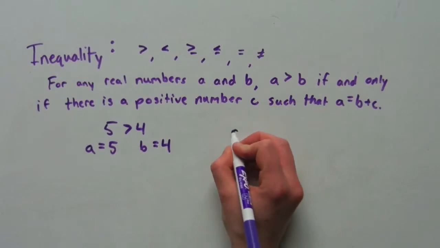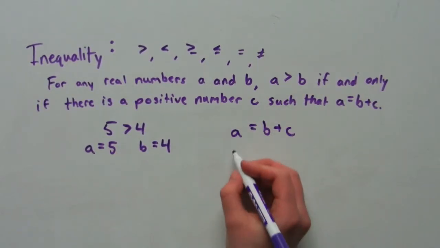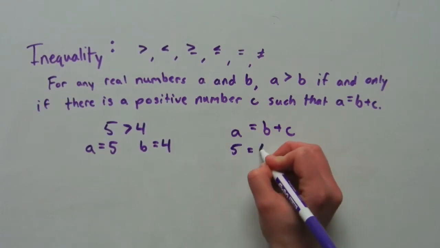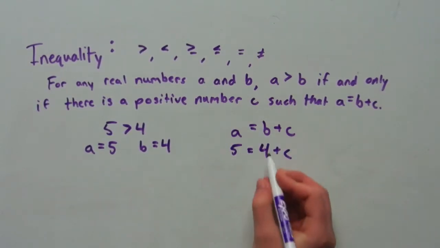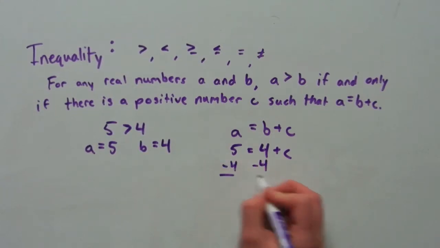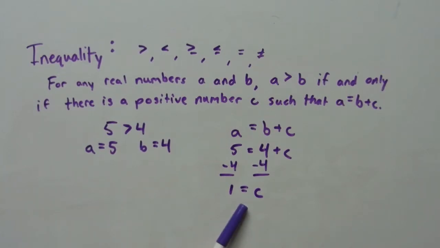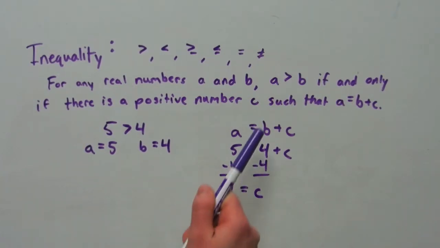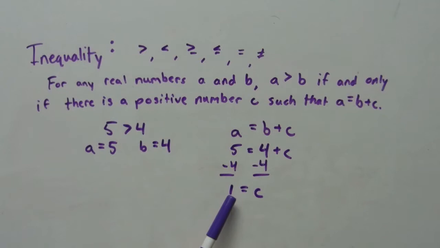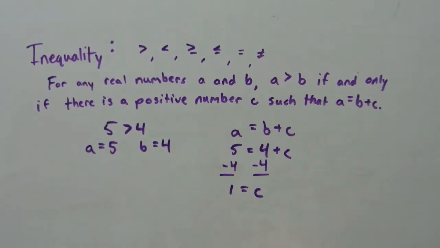So if a equals b plus c, a is 5, b is 4, figuring out the value of c, we take away 4 from each side and get that 1 is equal to c. So 4 plus 1 equals 5, and that c was a positive number.